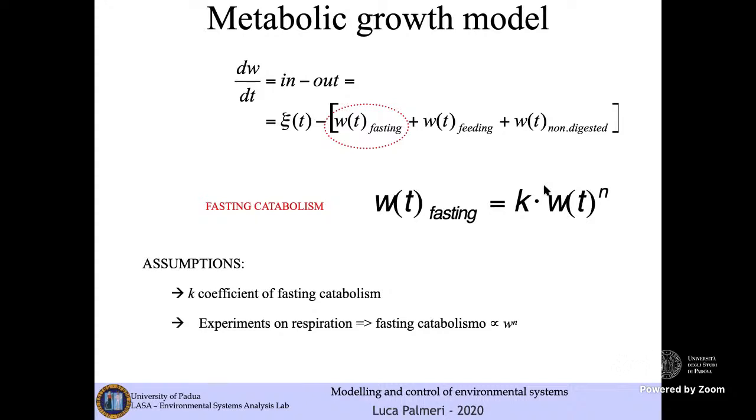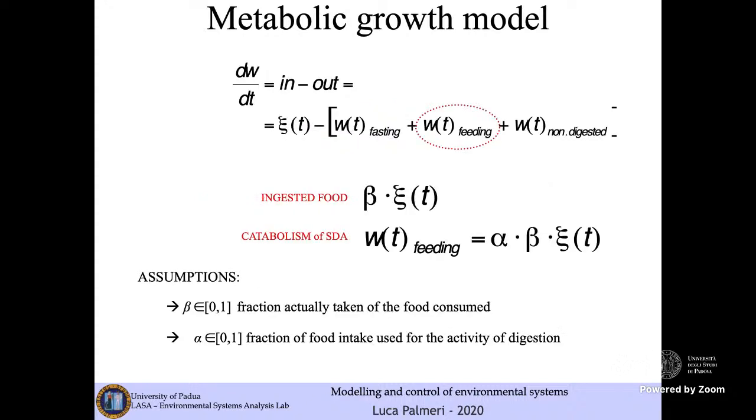So then let's go to the feeding. We have seen that we can model ingested food as a function of the weight of the fish, but of the ingested food, the quota that is employed for feeding is only a part.